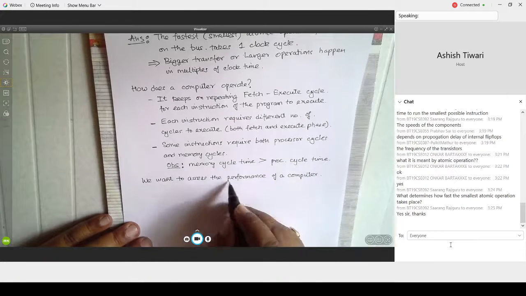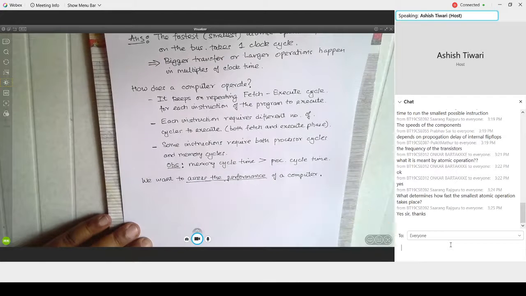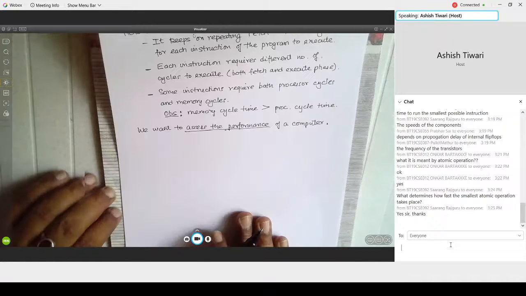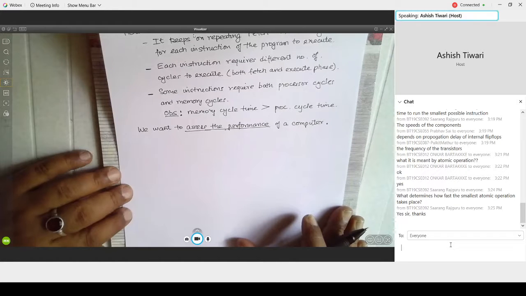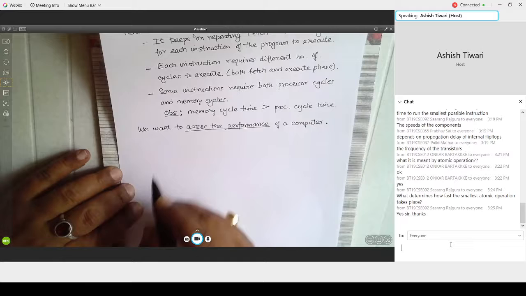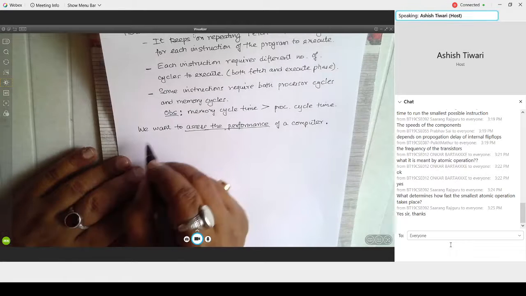This is my intention. There are many ways in which it can be done. I will list them down and then talk of them one by one.